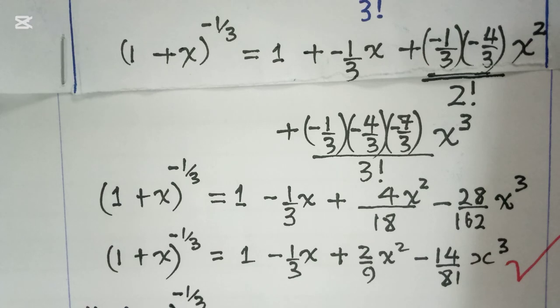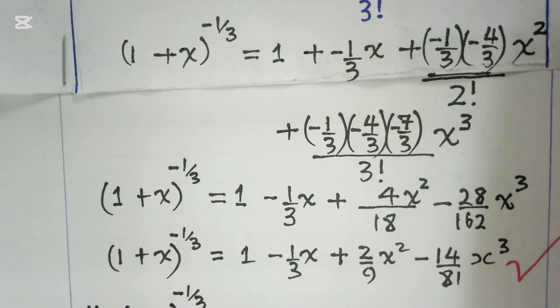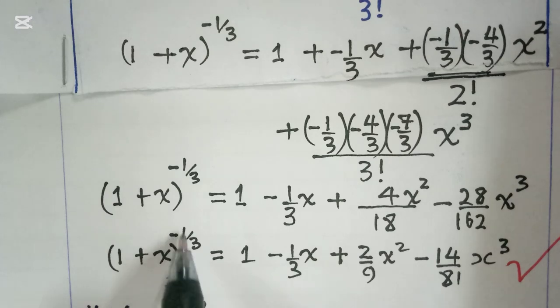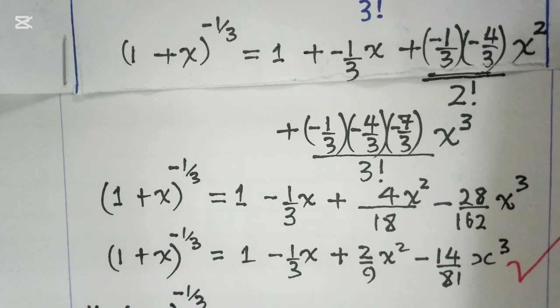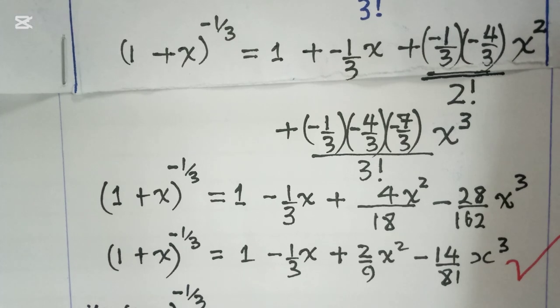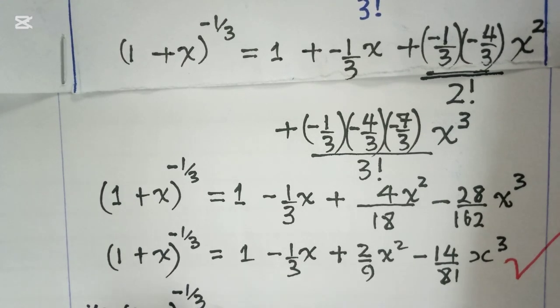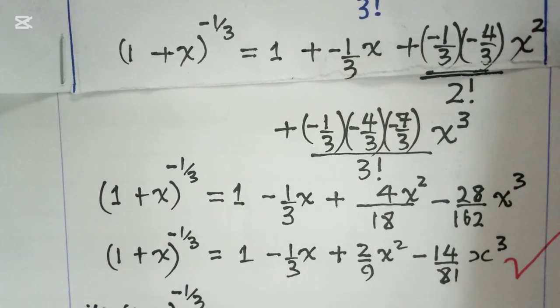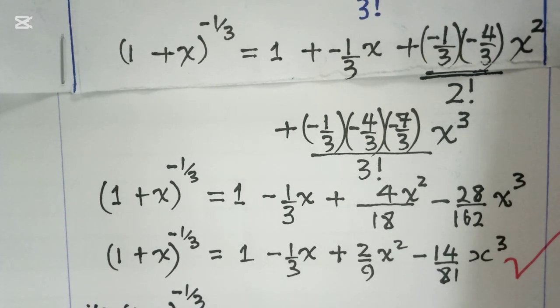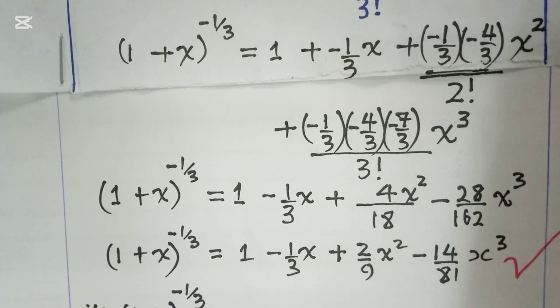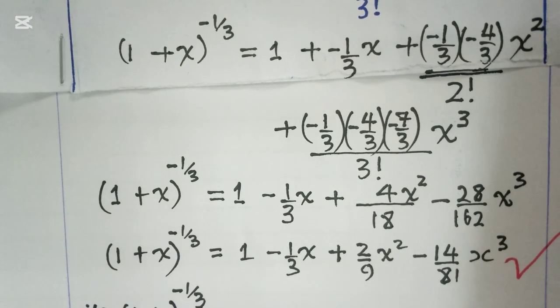So now what we do, guys, because everything is the same, like we have this one raised to negative a third, this one negative a third, we need to find what is x. That can be found by saying whatever is inside here, 1.4, should be equal to whatever is inside here, which is 1 plus x. And so x will be equal to, we bring 1 this side, you have 1.4 minus 1.